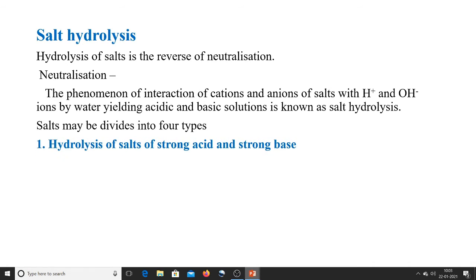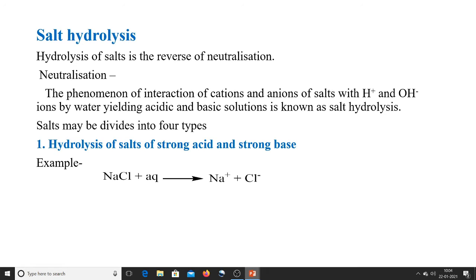So let's start with the first type, hydrolysis of salts of strong acid and strong base. Okay, for example, the hydrolysis reaction of salts of strong acid and strong base, example is NaCl. So here NaCl is dissolved in aqueous solution. It forms Na plus Cl minus ions.